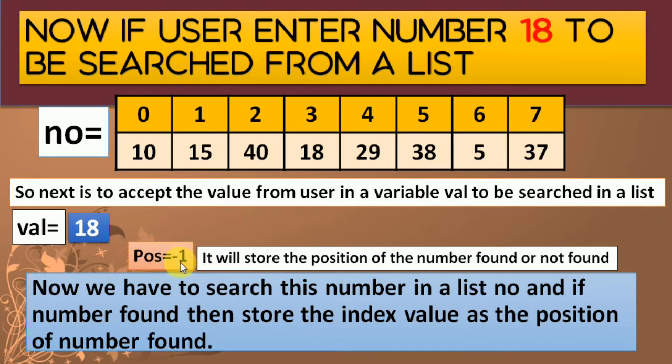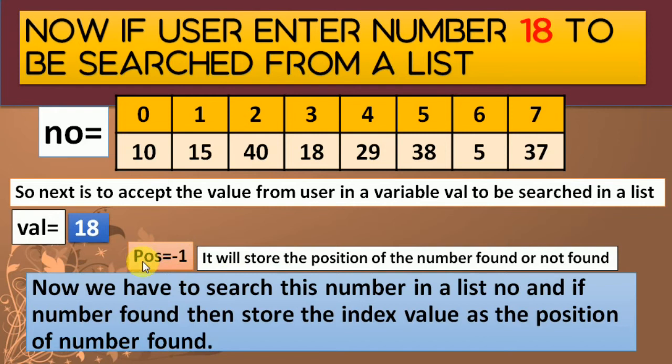Why do I use that -1? Because I'm not supposed to put the values 0, 1, 2, 3, because these are the index numbers of these blocks. Negative means that there is nothing inside the variable POS, and we use this value for number found or not found.